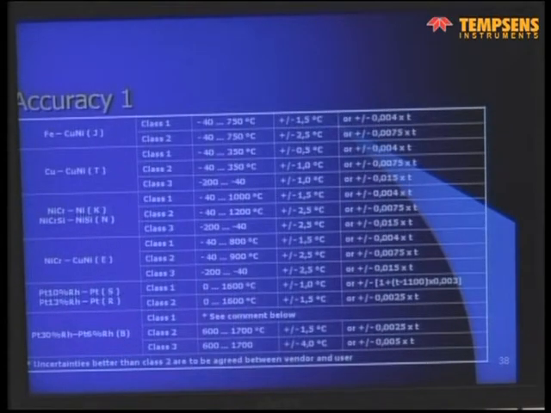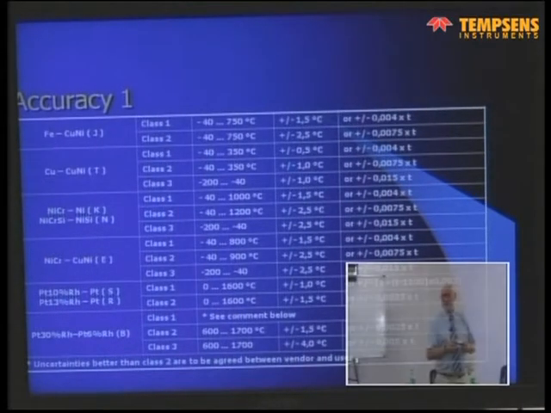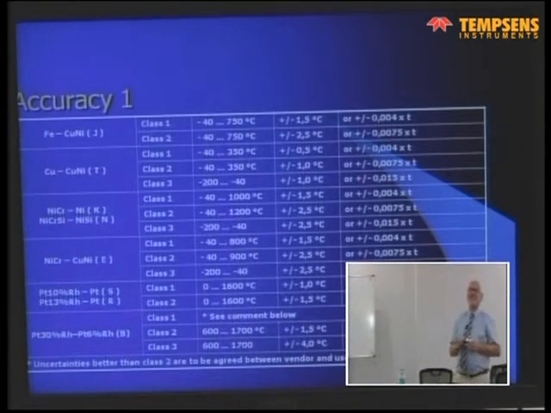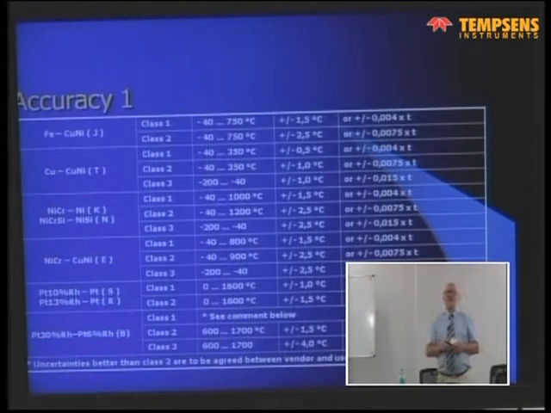Accuracy. Accuracy is my hobby. Most of the thermocouples are available in class 1 and class 2. And for the negative range, below 0 degrees, there is class 3. And you see that class 2 is somewhat around double of class 1, the permitted deviation.